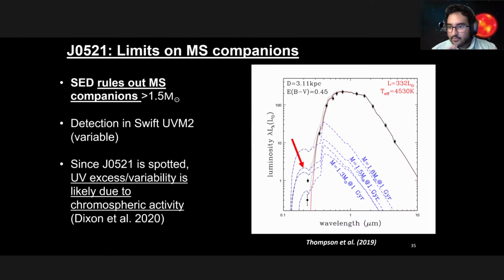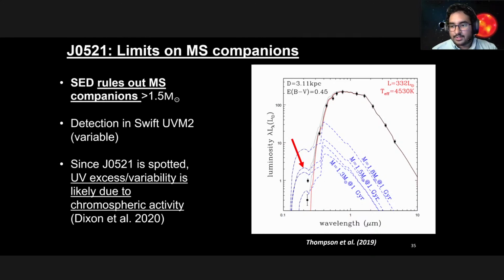As you can see in the figure, such a star would be very evident in the overall SED, especially towards the bluer end. Now you may be wondering why some of the bluer data, which are UV measurements, don't agree with the SED fit. We obtained follow-up UV observations using the Swift satellite and were able to detect the giant in the UVM2 filter.